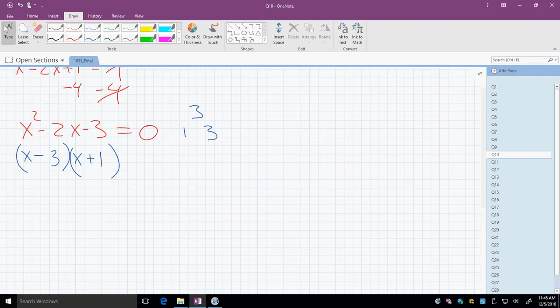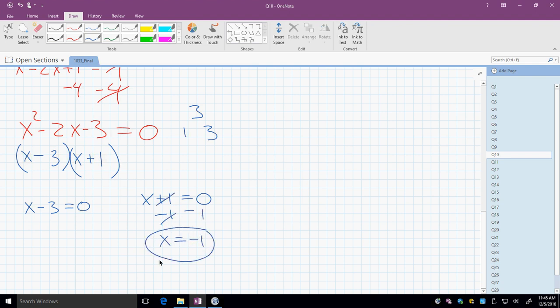Now we're going to equal each parenthesis to 0. So subtract 1 both sides. Cancel, and I have x equals negative 1. And in here add 3, both sides of the equal sign. Cancel, I have x equals 3.